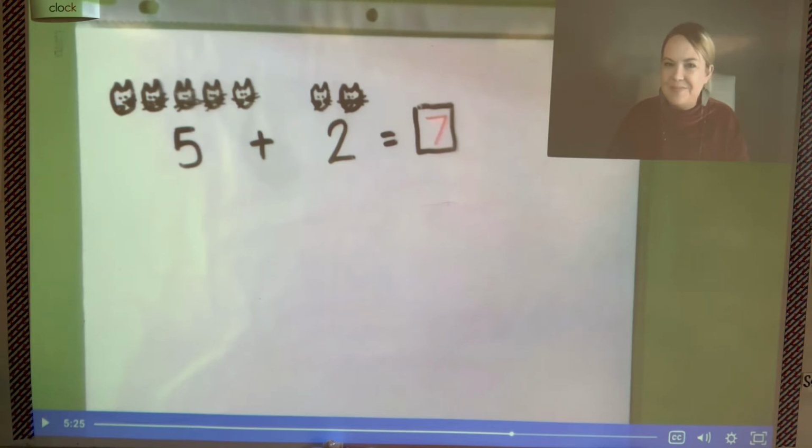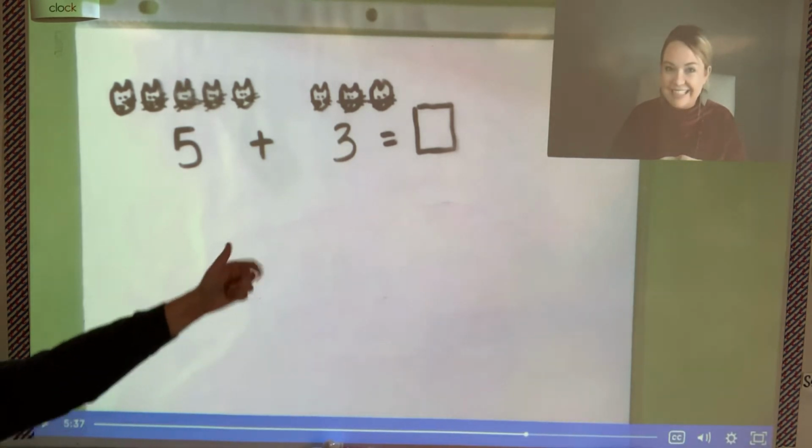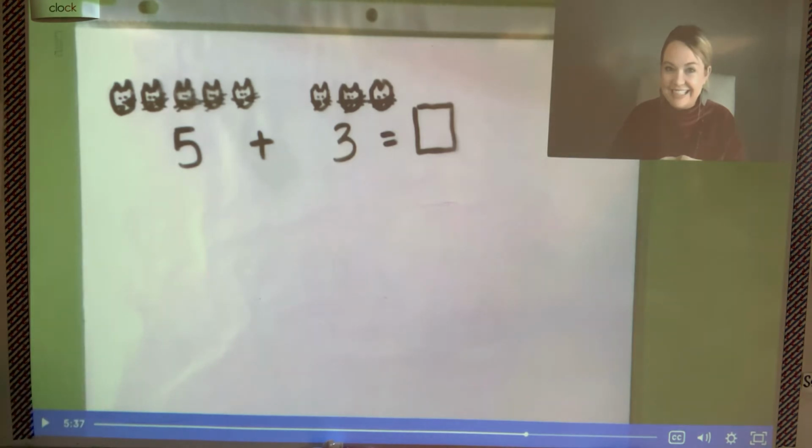Go ahead and do that now on your paper or whiteboard. Is this what your number sentence and picture looks like now? Thumbs up if it is. Does yours look like this? Look, she changed hers. All right.